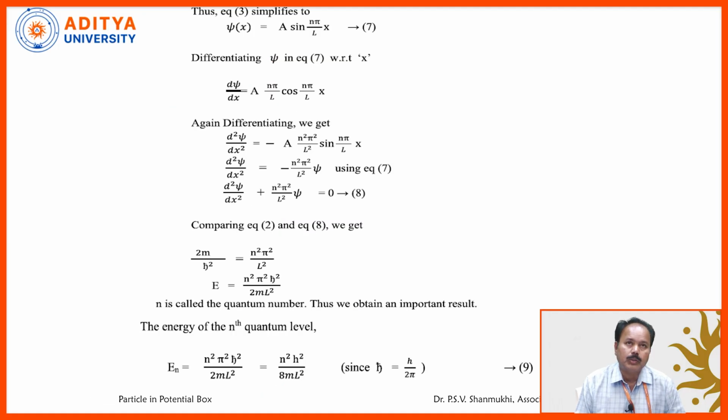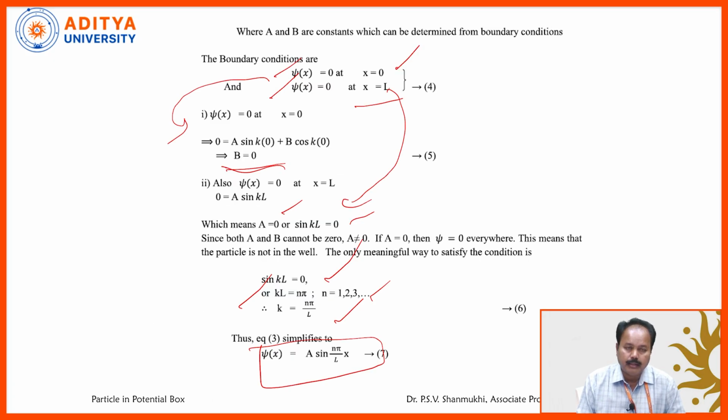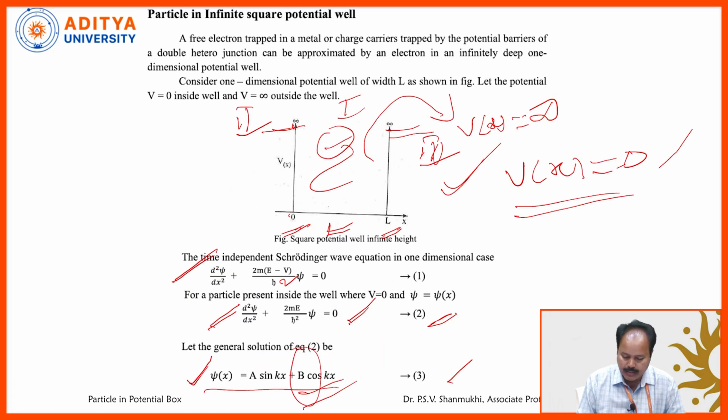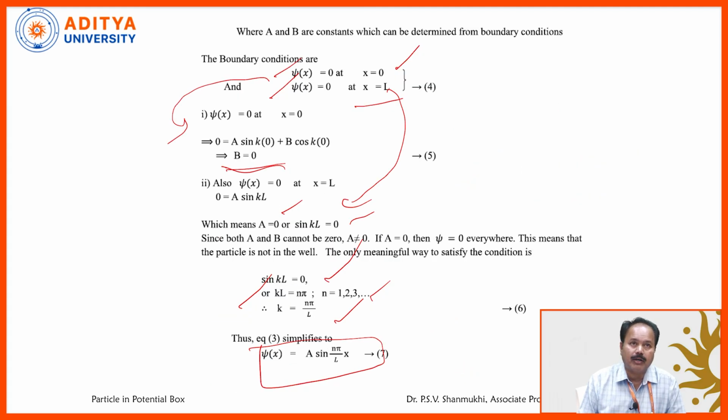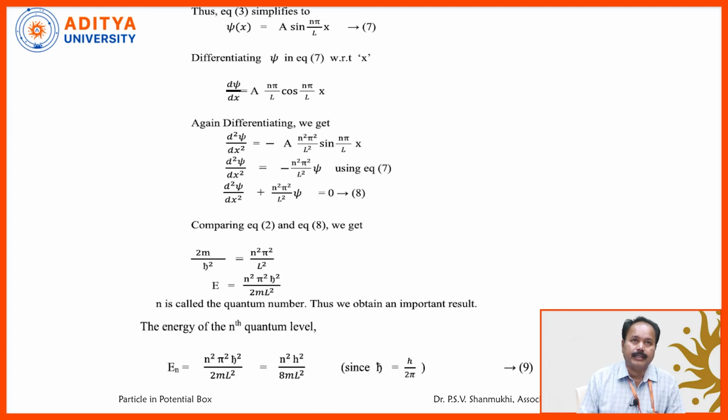For that, observe the first equation in the previous one. This is d square psi by dx square plus something into psi is equal to 0. So in that form, I write d psi by dx. Differentiate equation number 7.